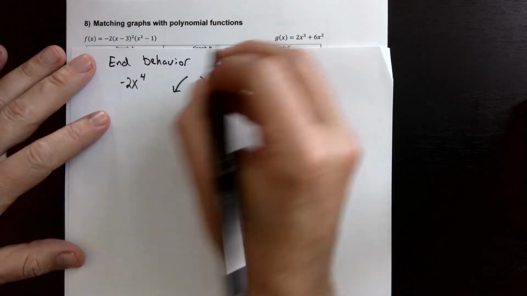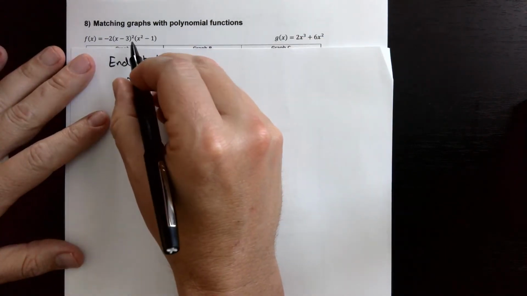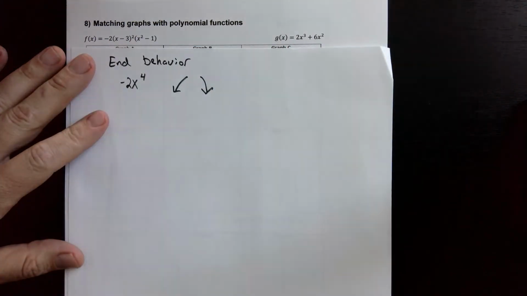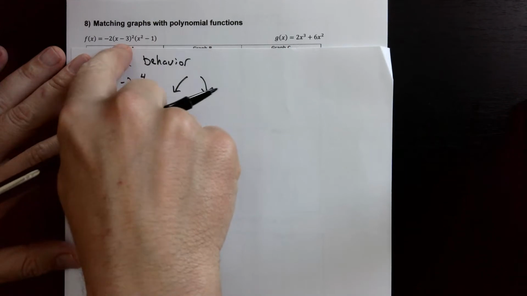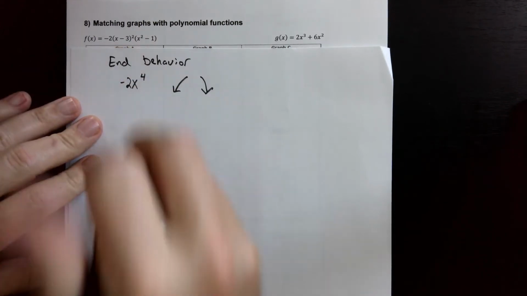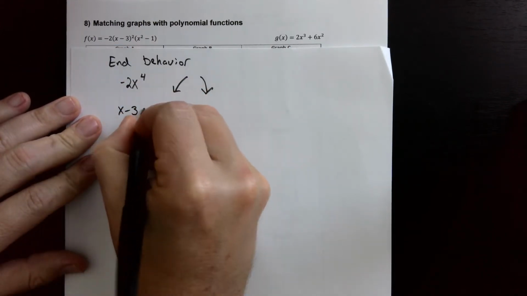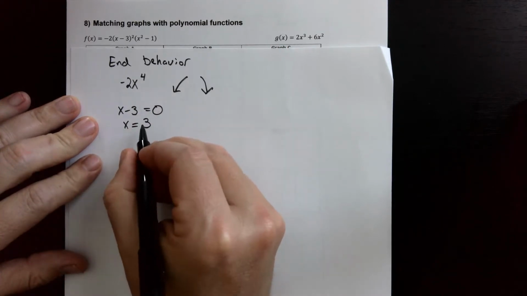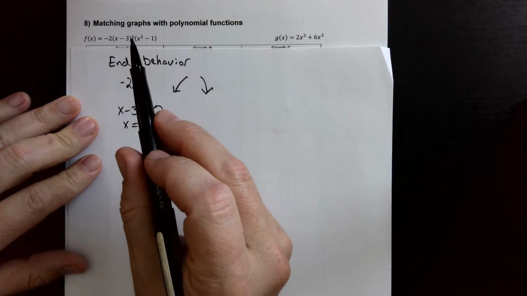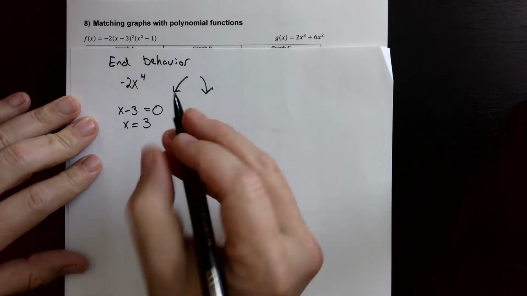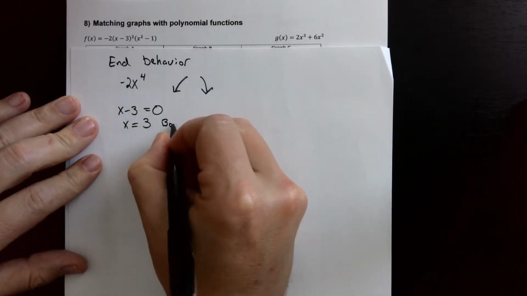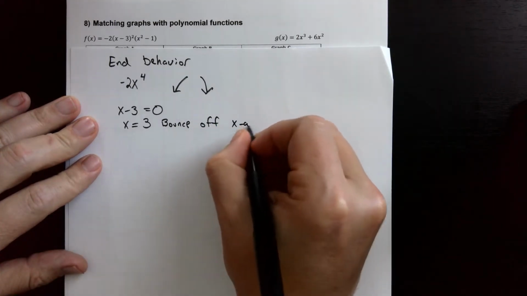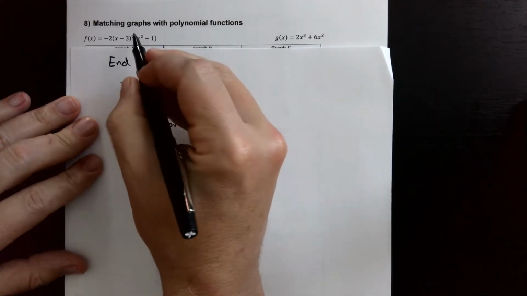Another thing that we can say out of this is that it looks like we have four x-intercepts. Well, actually, we only have 3 because this one's going to have degree 2. So we have x minus 3 equals 0. That's x equals 3. And that one, since it's got a square on it, happens twice. This means it's going to bounce off the x-axis because it's got an even power.